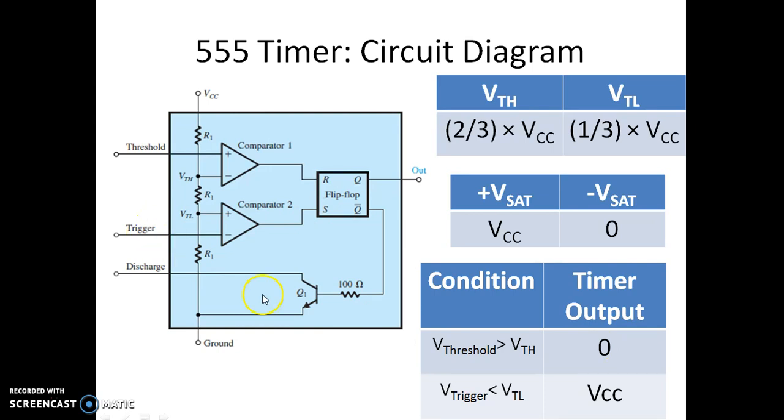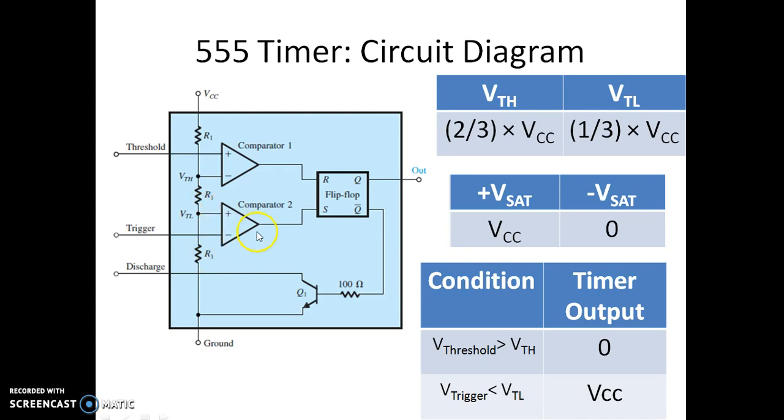Similarly, if the trigger voltage is less than VTL, since VTL is connected to the non-inverting terminal and the trigger is connected to the inverting terminal, V plus is more than V minus.